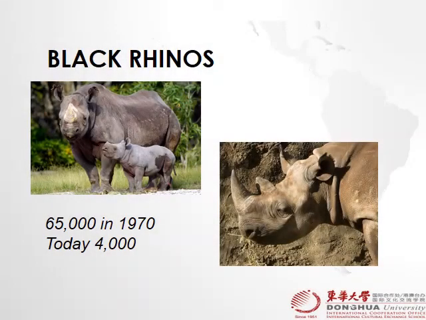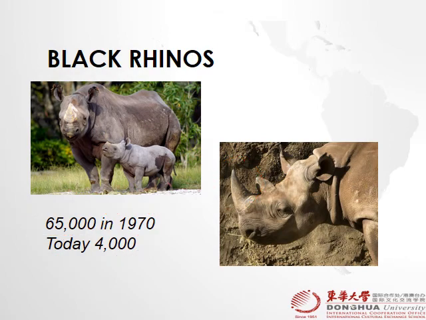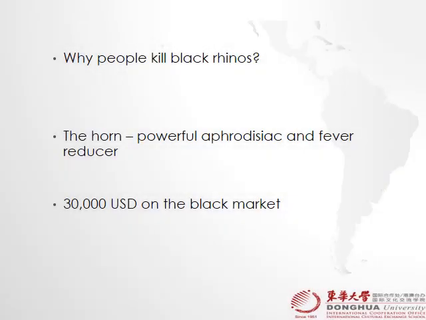There is a famous example mentioned in your book, that is black rhinos. In 1970 there were 65,000 black rhinos in the world, and now there are 4,000. Why is that? Because of the horn. Why did people kill black rhinos?